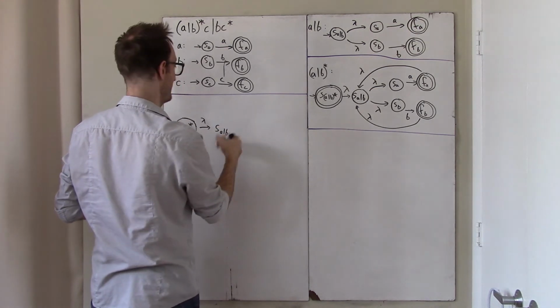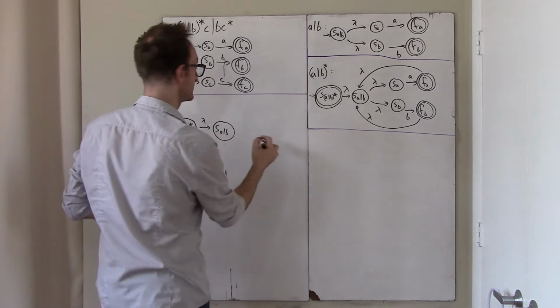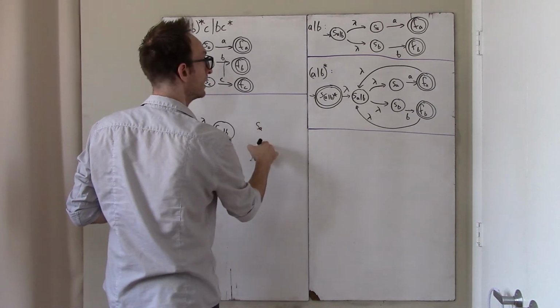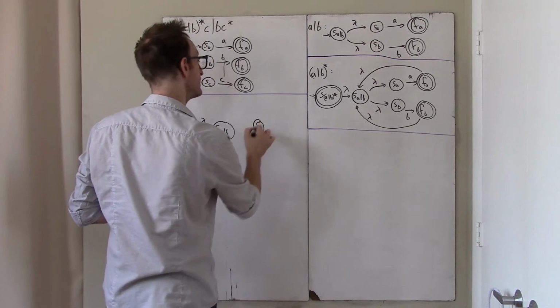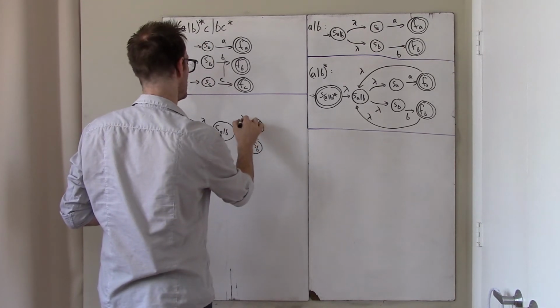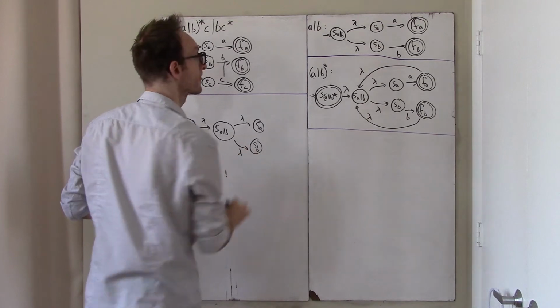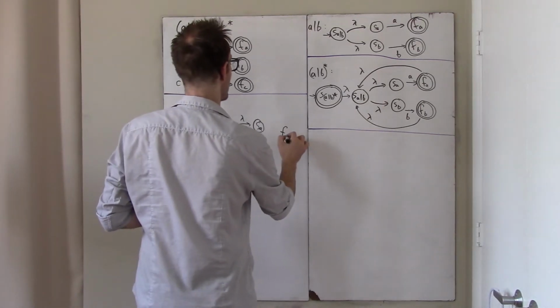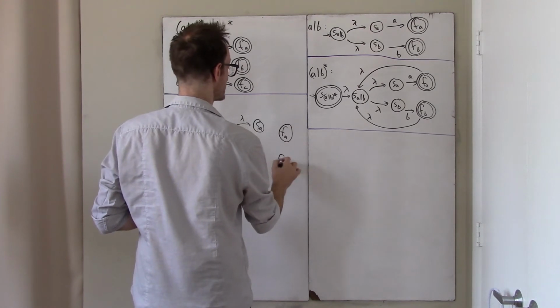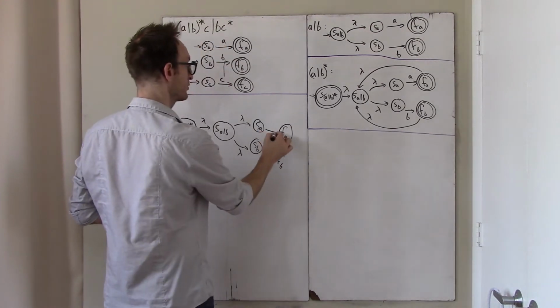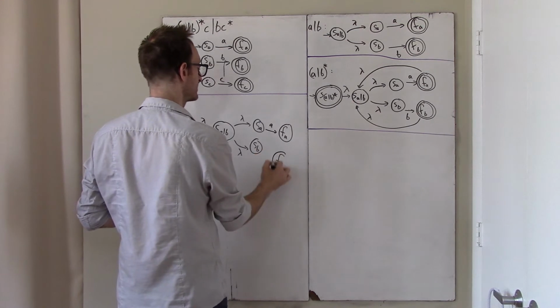So S, A or B, I have no plan to succeed here, board management wise. Alright. And now here's F, A, and these were also accept states. So I hereby remove their accept state status.